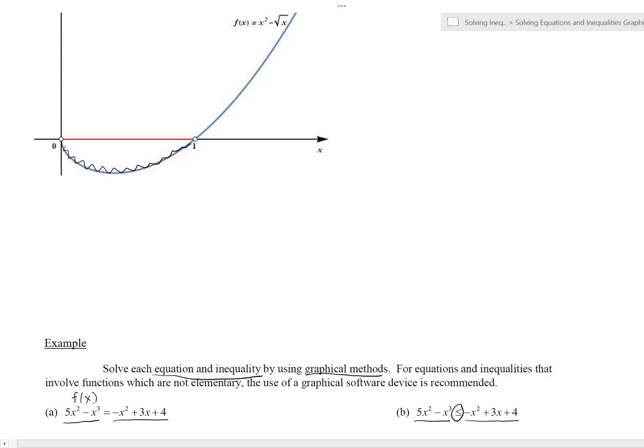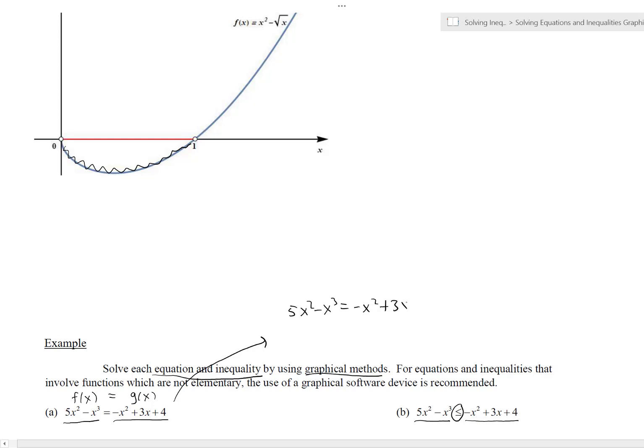So f of x is 5x squared minus x cubed, and the right-hand side g of x is negative x squared plus 3x plus 4. We're going to graph these two functions and look at where they intersect. And then we'll look at where one is less than the other or equal to. Now, before we do this, just remember, we could choose to also take the original situation.